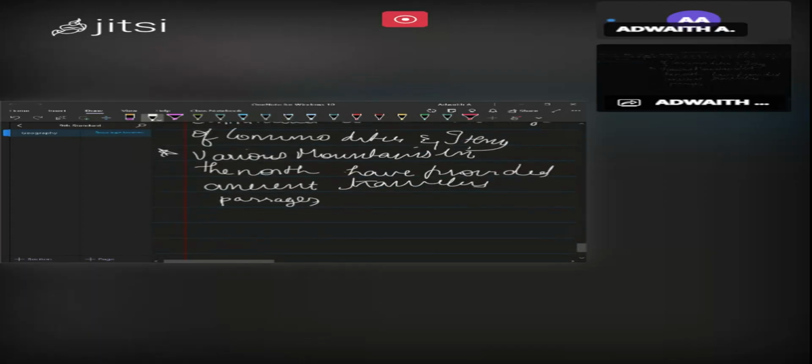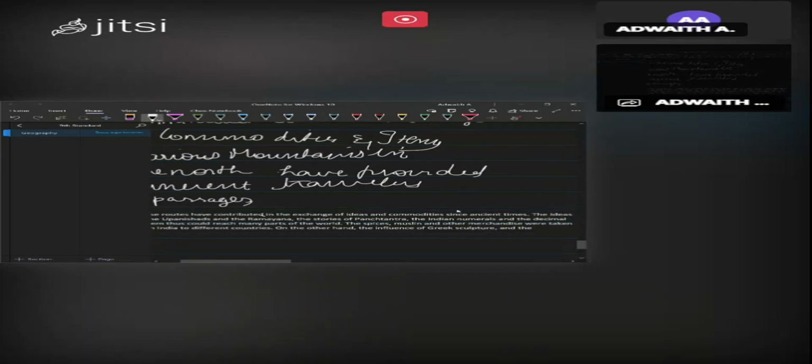So what you have to write is these routes. Just learn this.